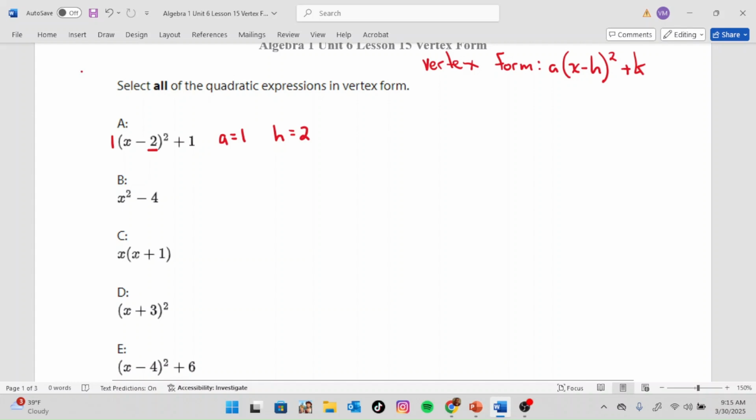And then k is exactly what you see. Since you see plus 1, then that means that k is positive 1. So a is in vertex form, and my vertex from this is going to be 2, 1.